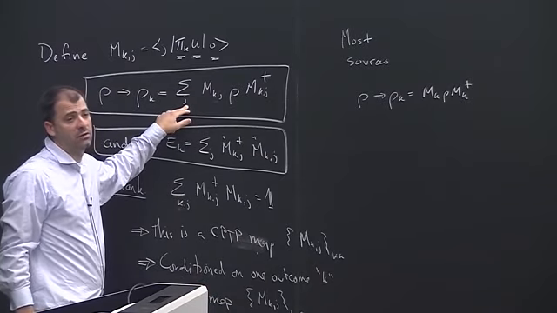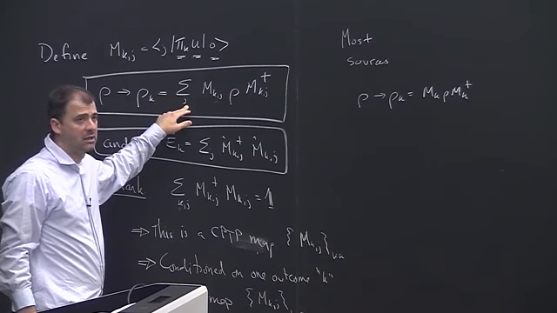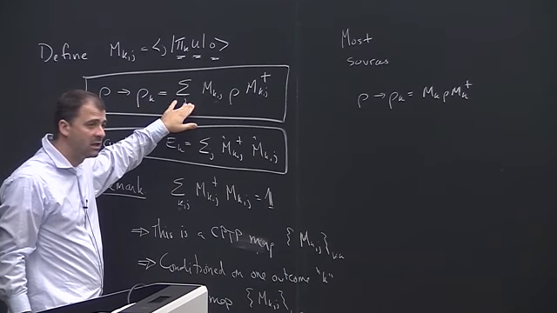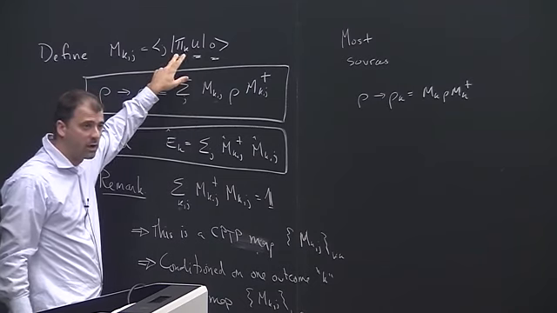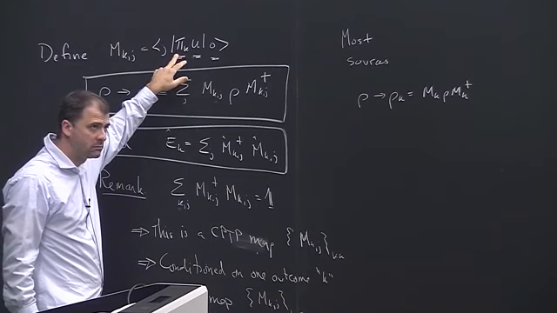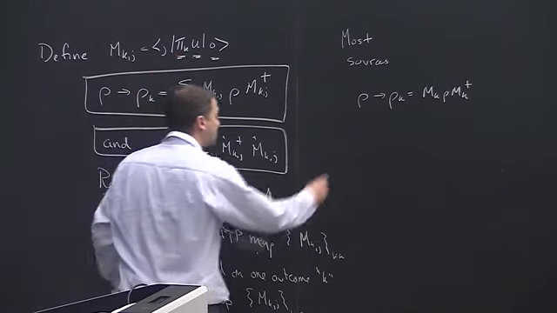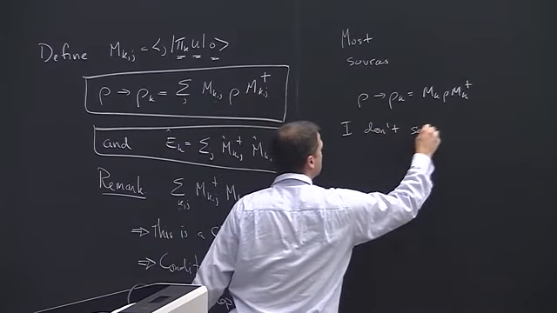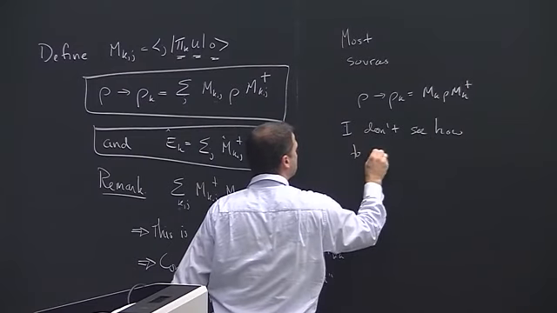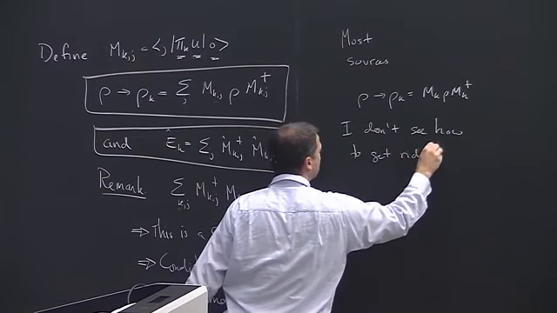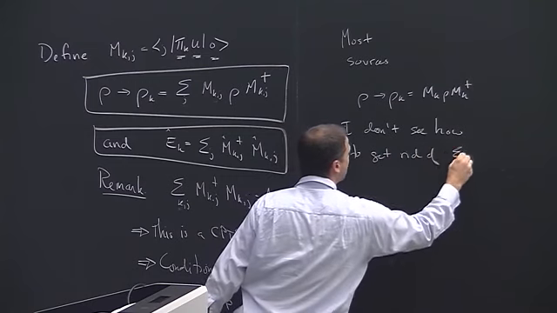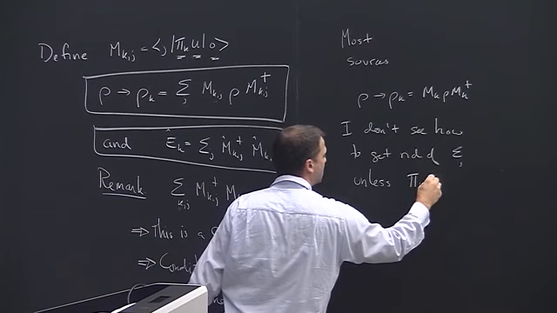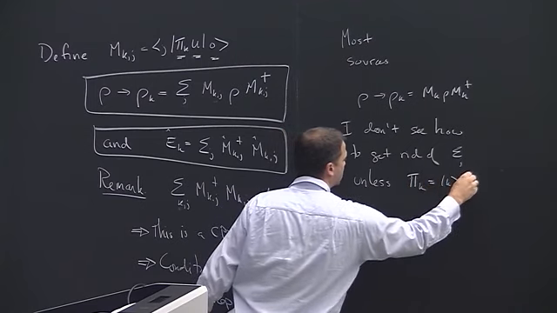And they say this is the most general transformation. Now, it seems to me that you can't get rid of this index j, unless you assume that the projectors are rank 1. So I don't see how to get rid of the sum over j unless the pi_k are rank 1 projectors.